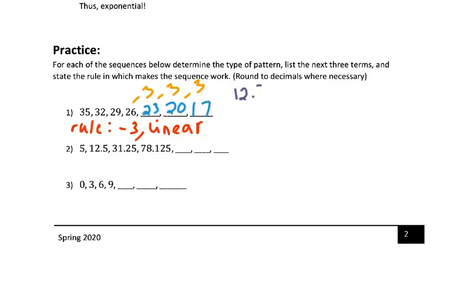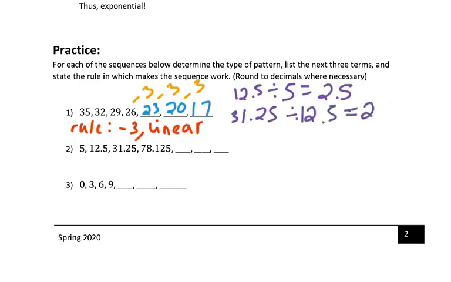So 12.5 divided by 5 will give us 2.5. And then 31.25 divided by 12.5 gives us 2.5. And then 78.125 divided by 31.25 is going to give us 2.5.